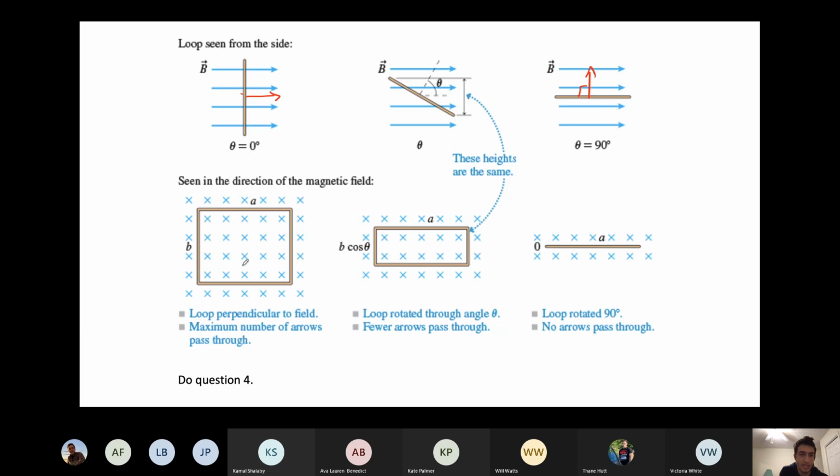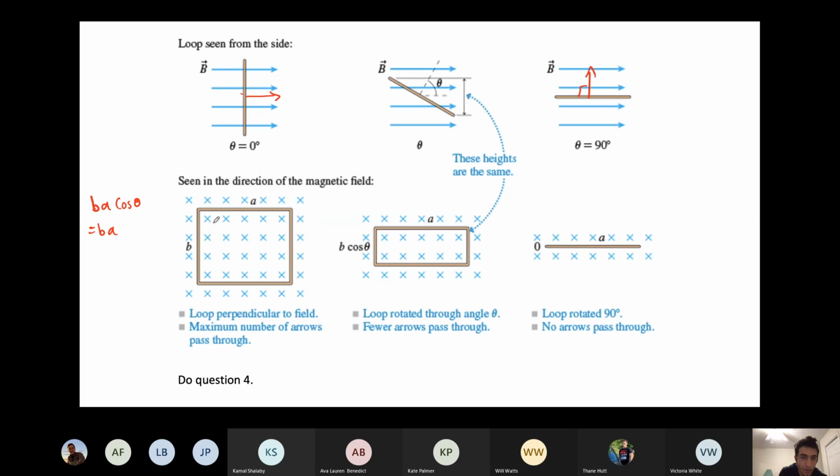So let's just look at an example. If we see this, we know that the flux is equal to B A cosine of theta, and theta here is just 0, so that's just going to equal B A. So what would happen if I increase the B, the B being the magnetic field?